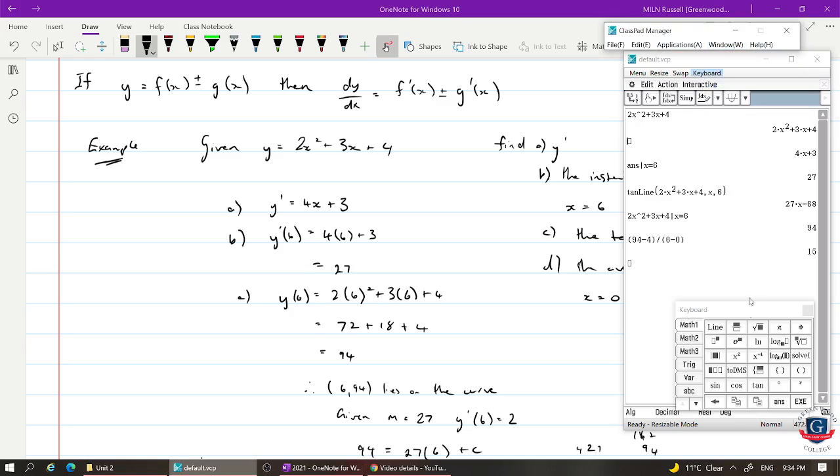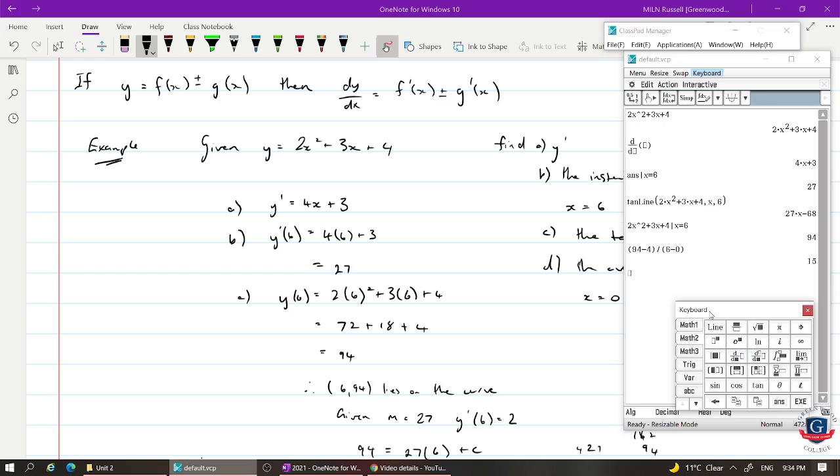Go to your Math2 template, d on dx, put the x in here, and your answer is down here. Hit return. That will give you that one. Now, so far we're up to here. Now we're going to substitute 6 into the previous line. So substitute 6 into the first derivative, gives us 27. That's this value here.